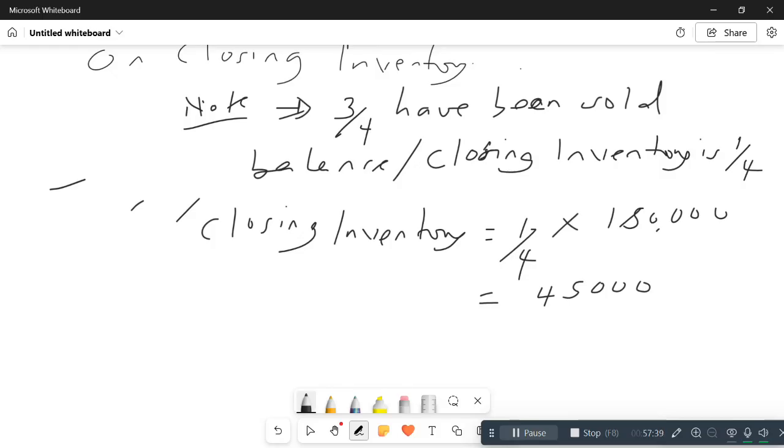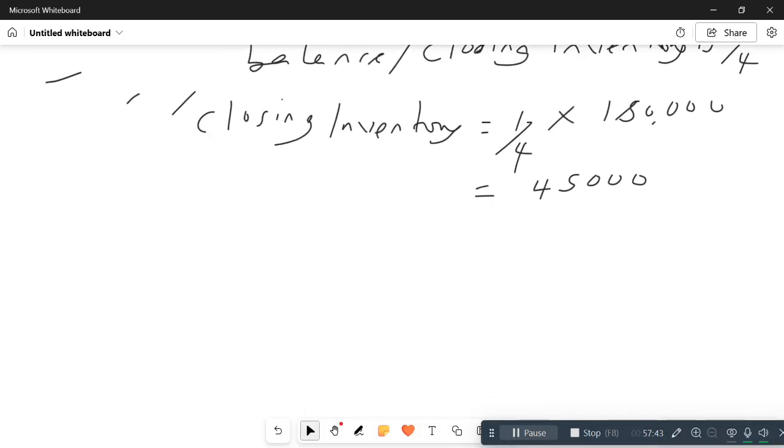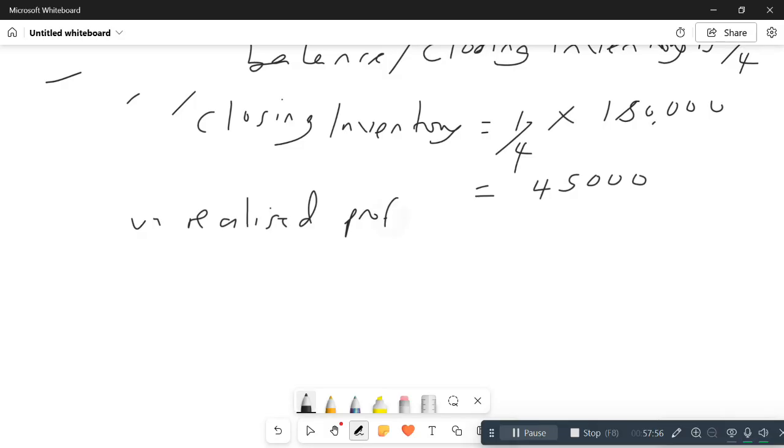Now, we can go ahead to determine unrealized profit on our closing inventory. So our unrealized profit is going to be our percentage profit, which is 33.3 over 100 times our closing inventory, which is 45 here.